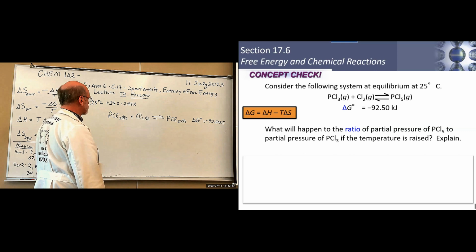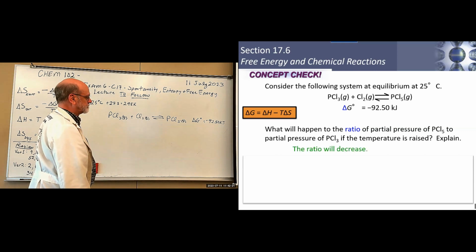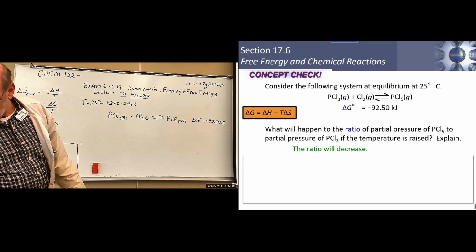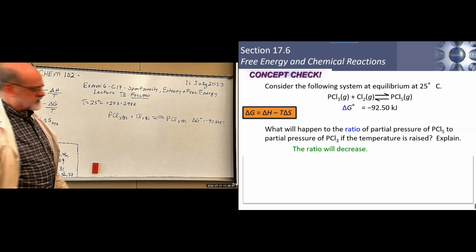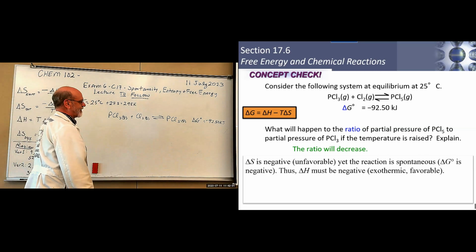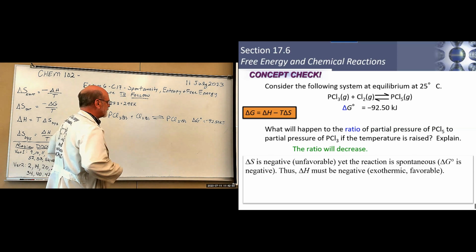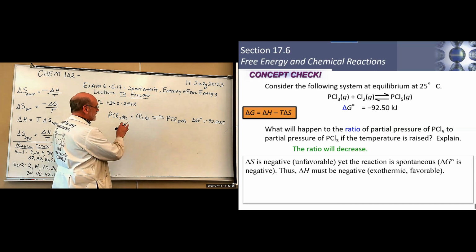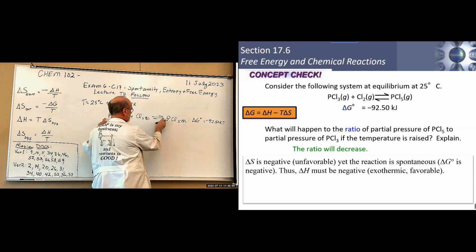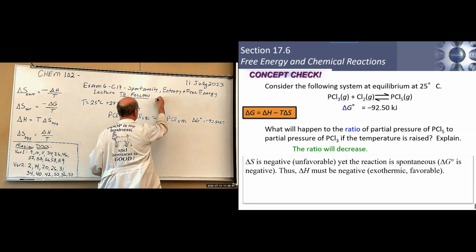What happens when the temperature increases? Well, it's not giving it to me. Maybe there's an explanation down here. Yeah, here we go. If it's spontaneous, the delta S is negative because we're going from 2 to 1. Okay.